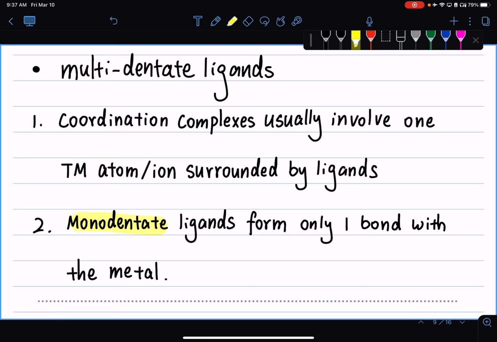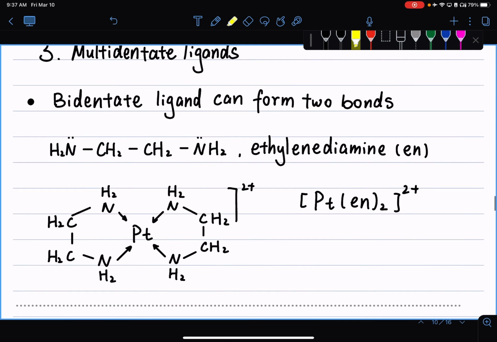But when we have a multidentate ligand, it means the ligand can form multiple bonds with a transition metal center. So let's look at a bidentate ligand, for example. Bidentate, judging by its name, means this ligand forms 2 bonds to a transition metal center. The example of a bidentate ligand we're talking about is ethylenediamine.